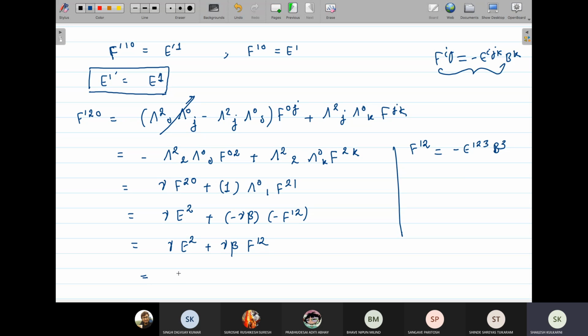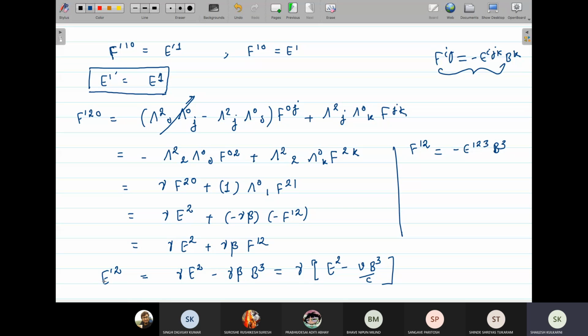So this is equal to gamma E2 minus gamma beta B3. So this is equal to gamma times the bracket E2 minus beta B3, where beta is v by c, so vB3. That is your E prime 2.